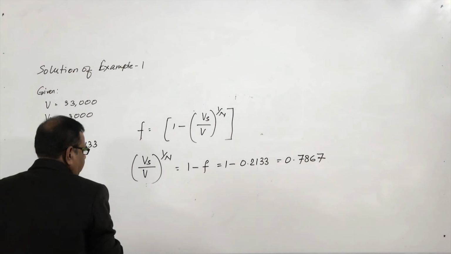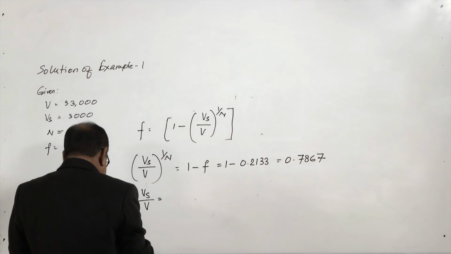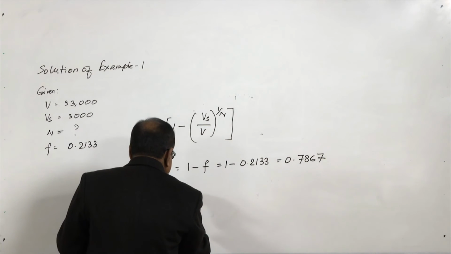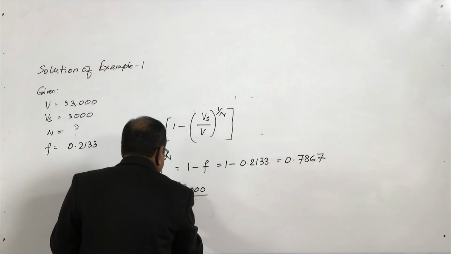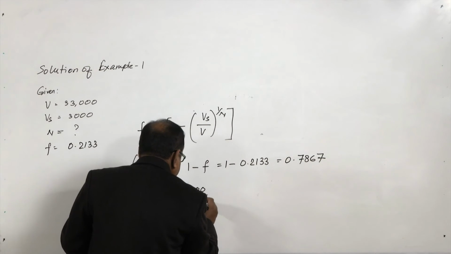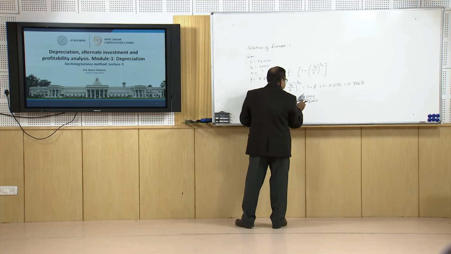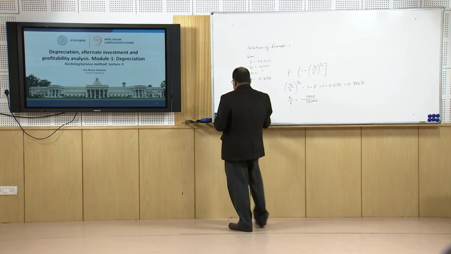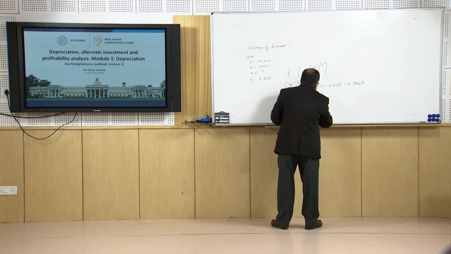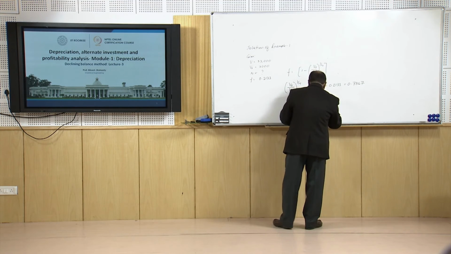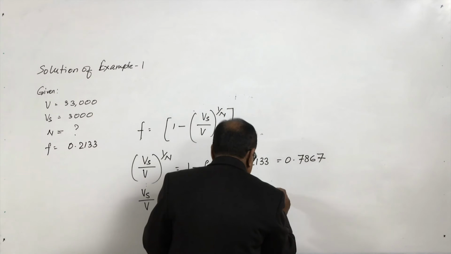Now, if we calculate Vs by V, this is 3000 by 33,000, which comes out to be 0.09009.